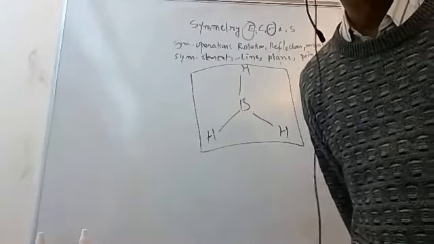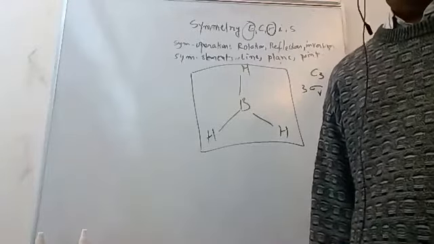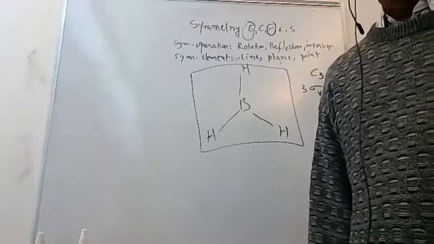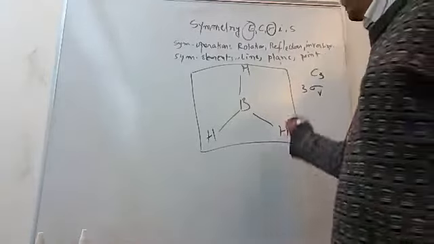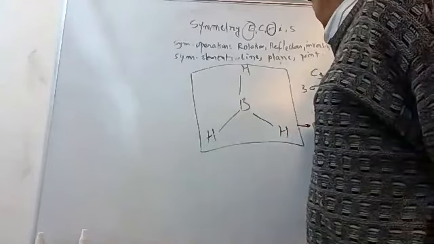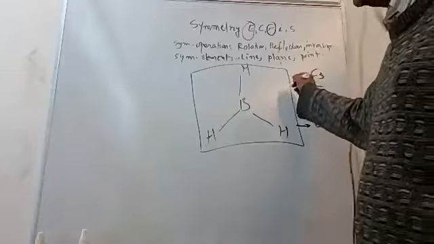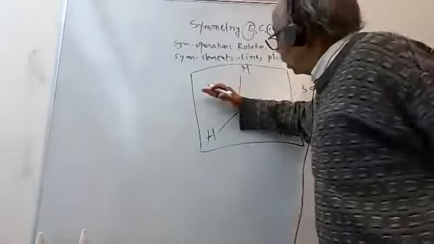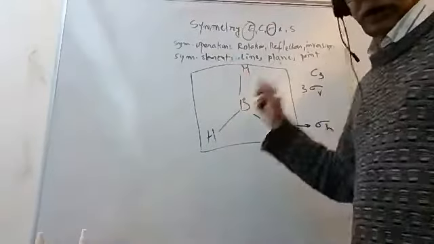All planar molecules have at least one plane, the molecular plane itself, that is a sigma. So it has 3 sigma V's, and then the plane of the molecule, I call that sigma H.